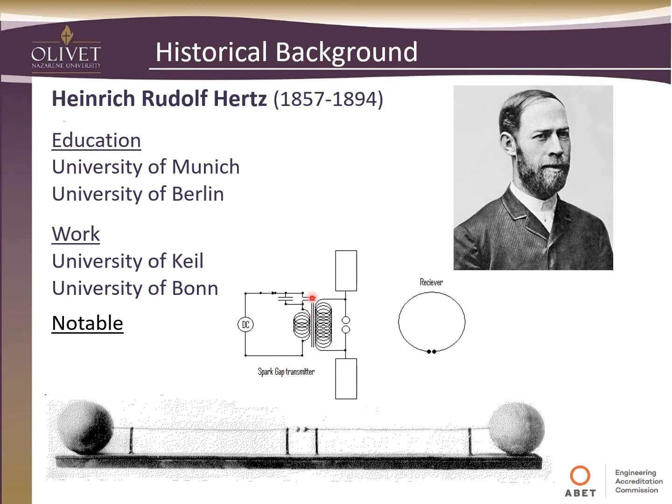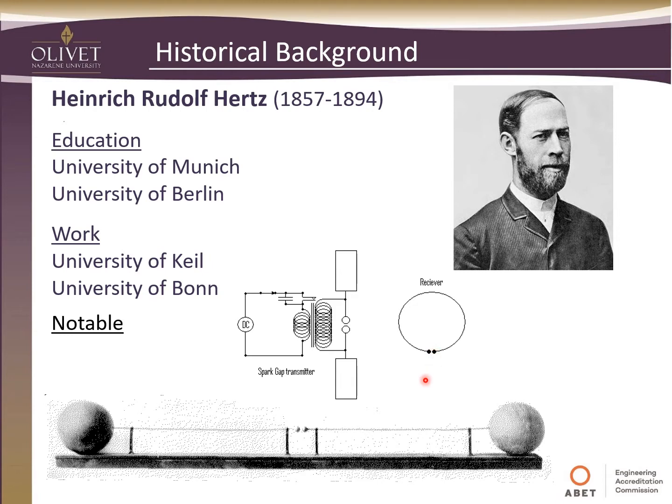Of course, when this switch hits, it energizes these coils, creating a great voltage. What he found out was when he put a loop, which is the equivalent of a loop antenna, across the lab, when this sparked, it produced a potential difference or a voltage across this gap here.